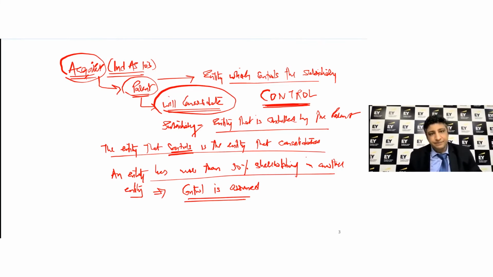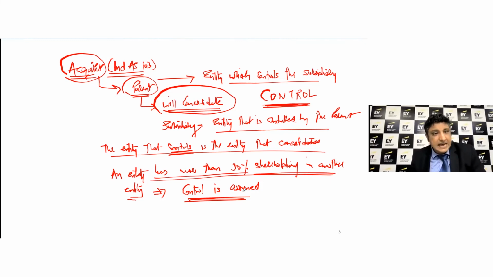Okay, you don't need to have 100% stake in the other business. Very important, right? That's the reason why the word non-controlling interest is also arising in here. Okay, we are also saying, by the way, even with less than 50%, you can have control, and we'll be discussing those scenarios in terms of when can it happen, right? But what you want to pick up at this point in time, when we look at the introduction to this topic, is that if an entity has more than 50% voting rights or shareholding in another entity, we assume that control exists.